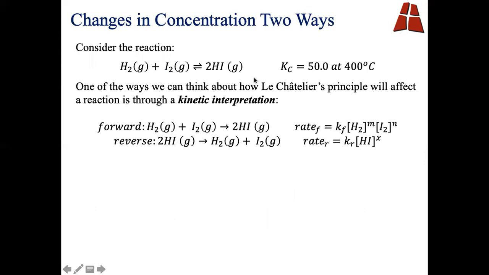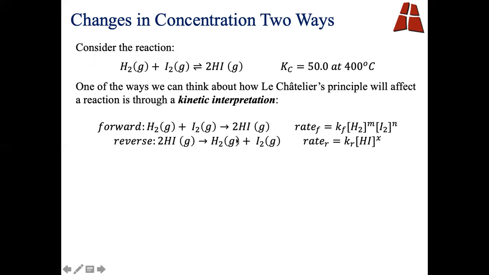Okay. And so one way that we could think about Le Chatelier's principle is through a kinetic interpretation. We know from everything we've covered in chapter 12 that if we were to write a forward reaction for this reaction shown here, H2 plus I2 yields 2HI, we could write that rate is equal to some rate constant times H2 to some power times I2 to some other power, right?